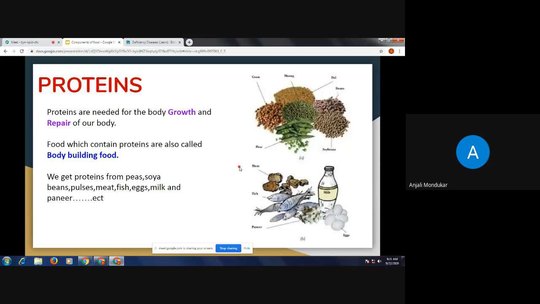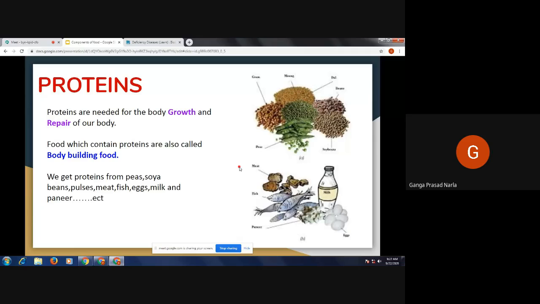The food items which contain proteins, those food items are called which type of food? Children, please mention the answer in the chat box only.